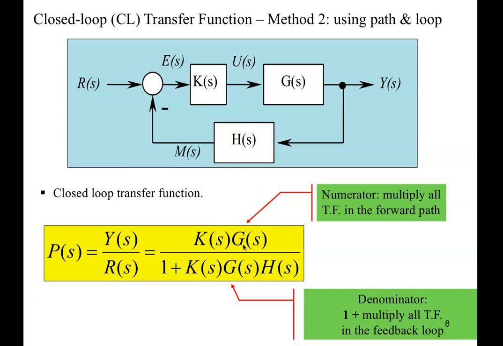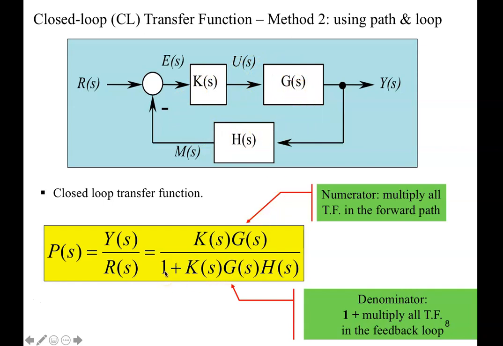In the denominator, we need to find the closed loop, the feedback path transfer function. The feedback loop we have here is that closed loop. We have three terms there: there's K, there's G, there's H. Multiply all terms in the feedback loop, stick that to the bottom and then plus 1.